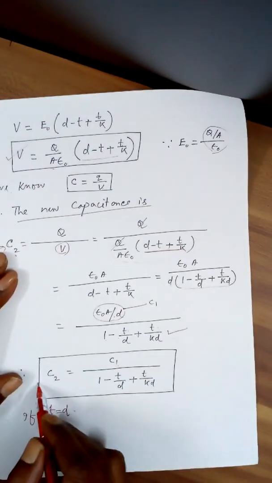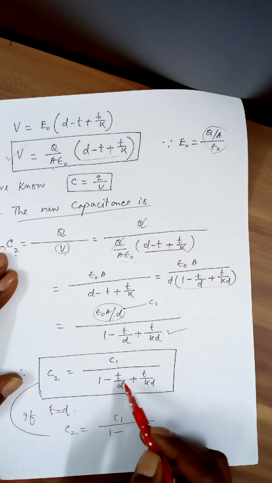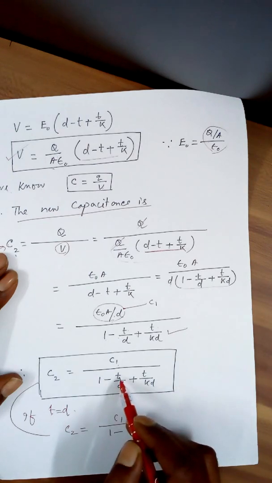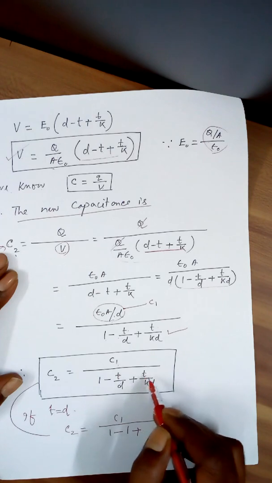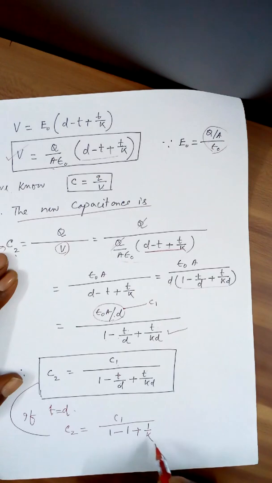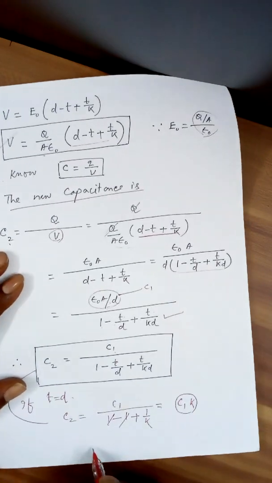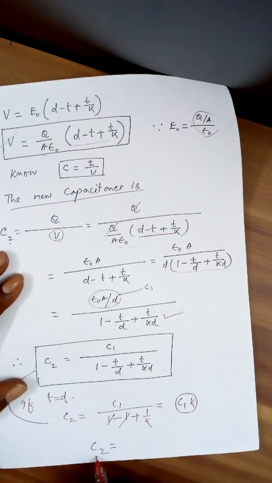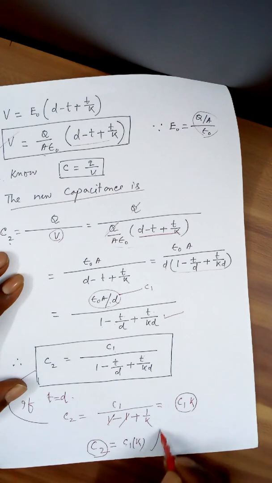If t is equal to d, then C2 will become C1 divided by 1 minus d by d, which is 1, plus d by Kd, d cancels, leaving 1 by K. So K comes to the numerator, so C1 times K. Means if the whole space is filled with the dielectric, the new capacitance C2 becomes K times the previous capacitance, that is, it increases.